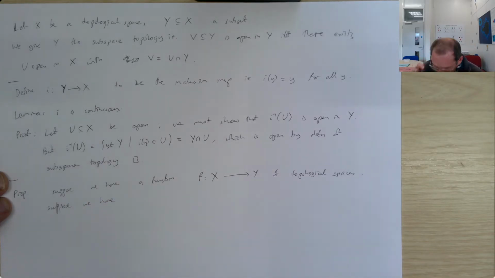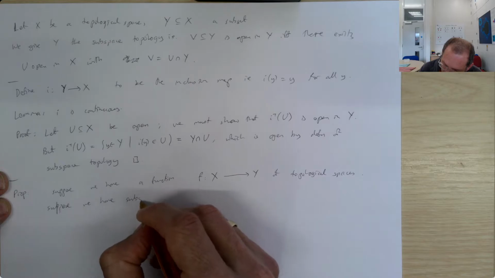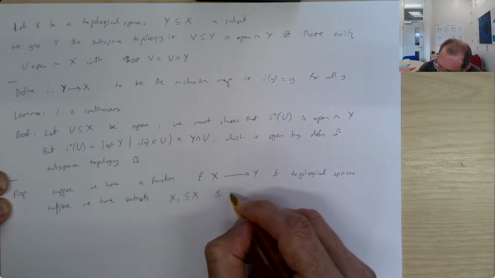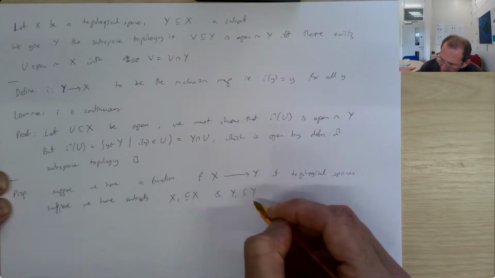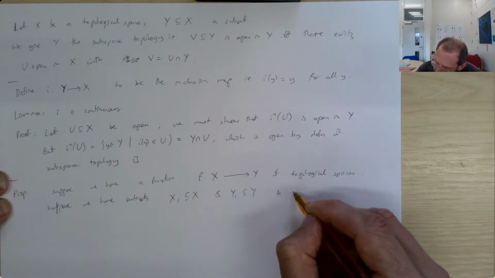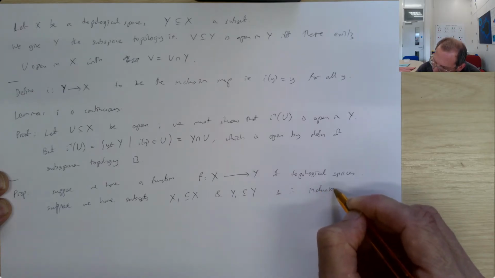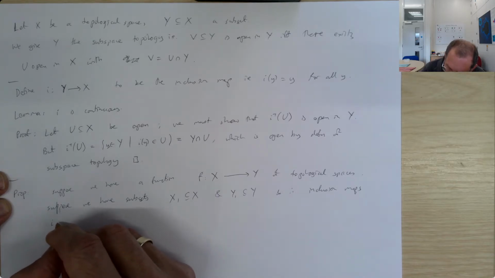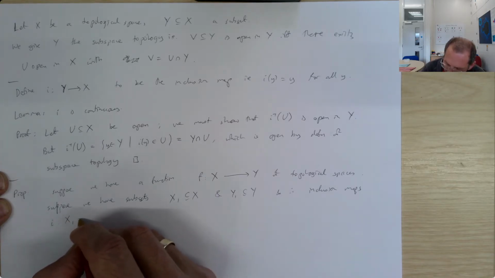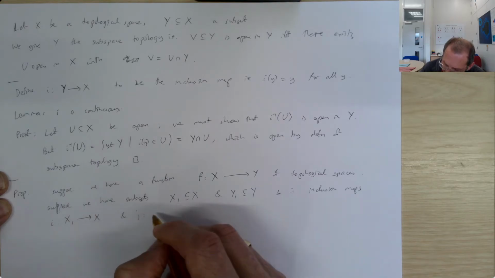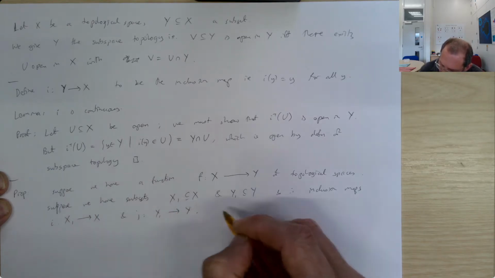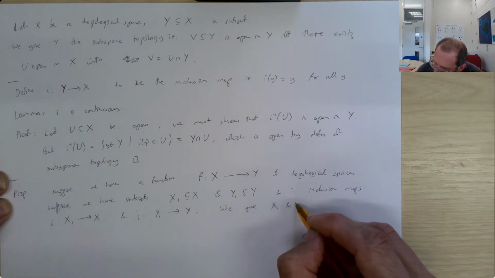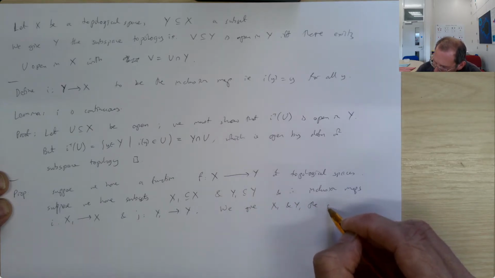And then suppose we have subsets, say X1 contained in X and Y1 contained in Y, and therefore inclusion maps, say i from X1 to X and j, say, from Y1 to Y. And we give X1 and Y1 the appropriate subspace topologies.